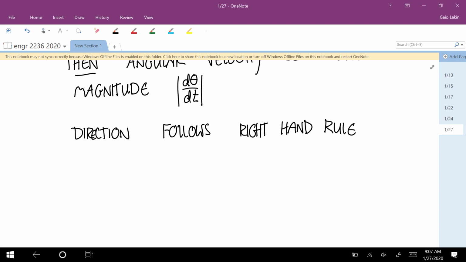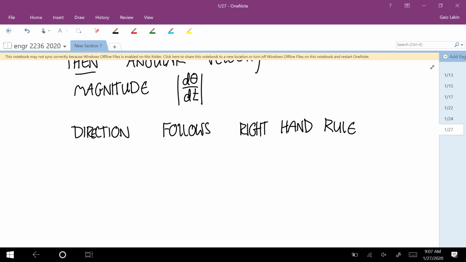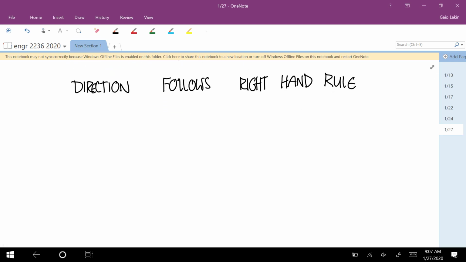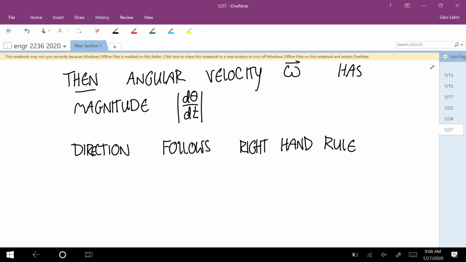Any questions about that? Yeah. So just to understand that concept, basically we're just doing a vector for circular motion, correct? Yeah, it's the angular velocity. So it's telling you how fast the angular position is changing, and it doesn't matter how big that circle is, it's just talking about the angle.